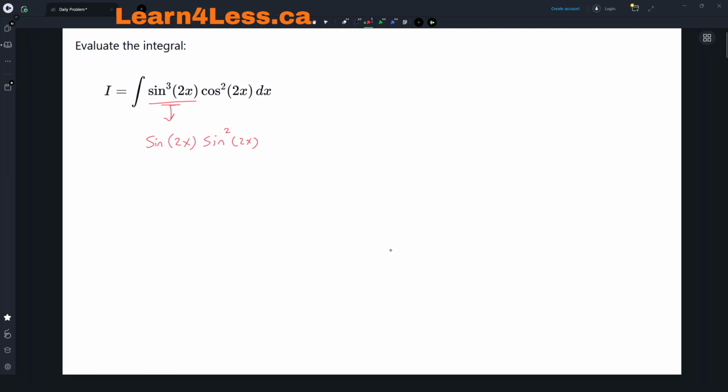squared of 2x. So overall, I can write this integral as the integral of sine of 2x multiplied by sine squared of 2x times cosine squared of 2x dx.